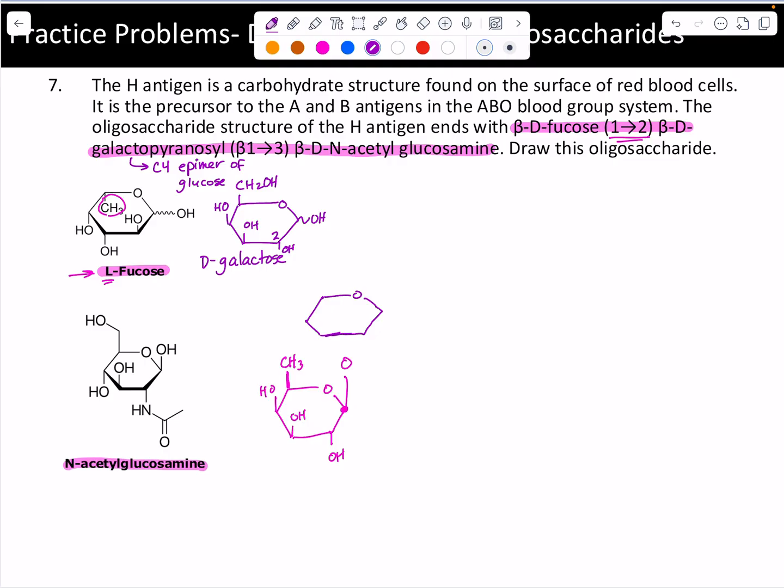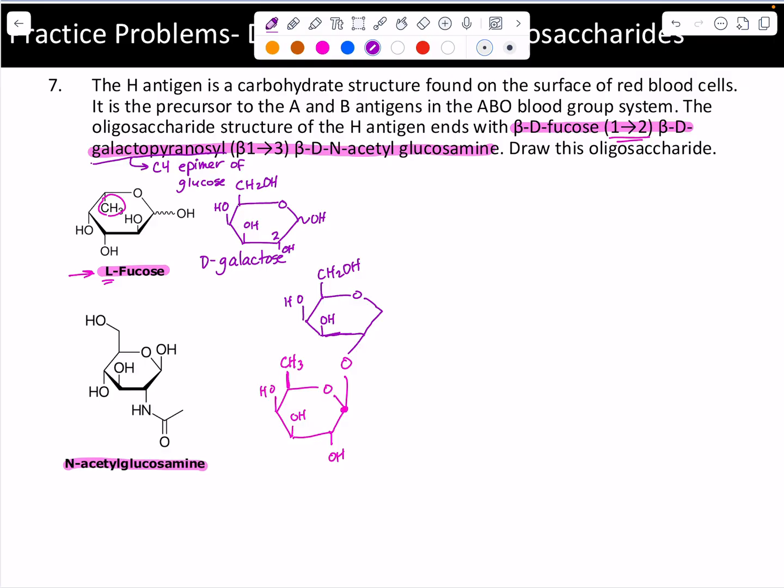Okay, so there's my, that's below, so yeah, so there. And then the galactose, I'm going to draw in the remaining CH2OH. And all right, so that's my beta D-galactopyranosyl.